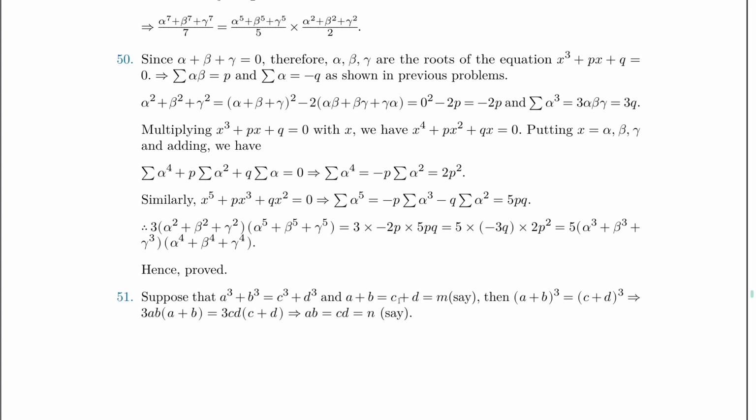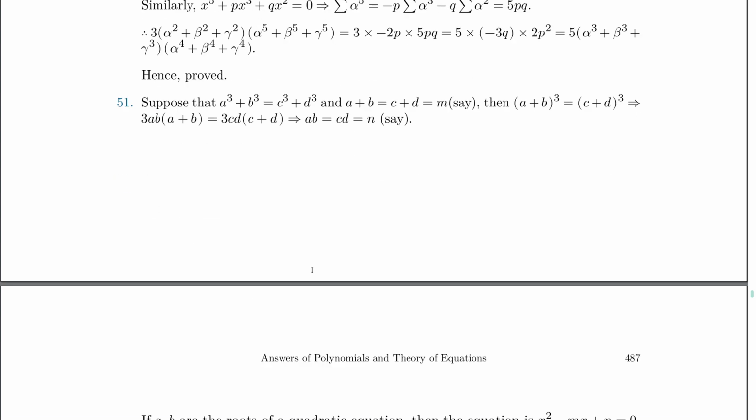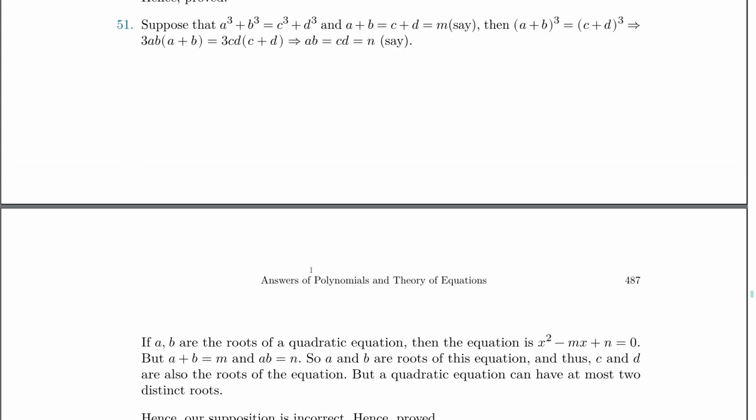So since a plus b is equal to c plus d, we can write (a plus b) whole to the power 3 is equal to (c plus d) whole to the power 3. That is 3ab into (a plus b) is equal to 3cd into (c plus d), that is ab is equal to cd. Now a, b are roots. From here we took a plus b as m and ab as n.